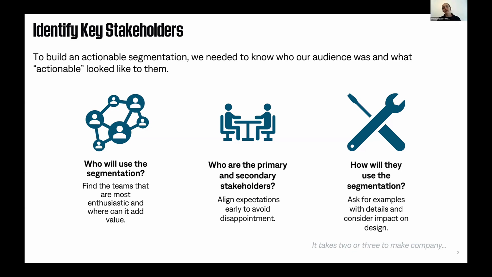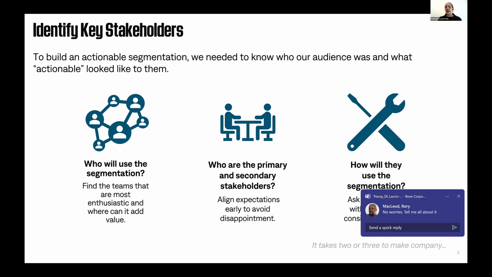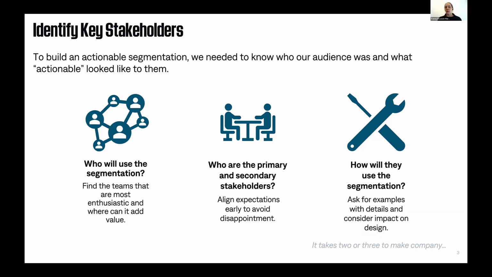So generally speaking, when we thought about how we were going to be using the segmentation and who our stakeholders were, in this case, they fell across the organization, not just in marketing, but also in product. Our primary stakeholders were in product development and product marketing, as well as some folks in marketing who are a little bit more on the go-to-market end, where they were doing some of the end product of getting things out the door.